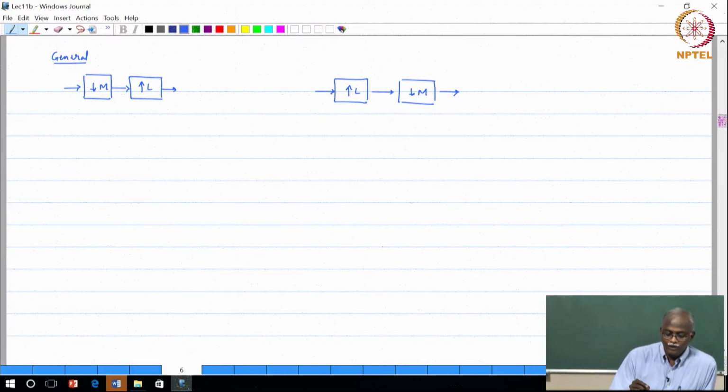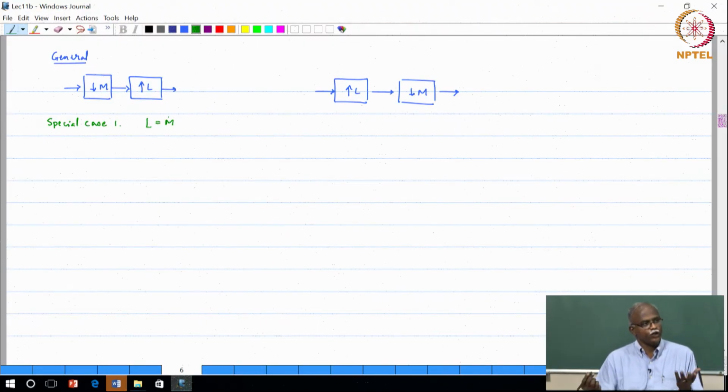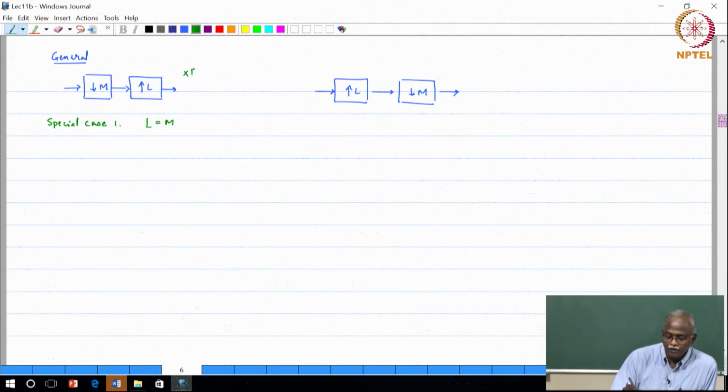Special case number 1 is the case where L is equal to m, and special case number 2 is L not equal to m. Right off the bat, downsampling by a factor of m and upsampling by a factor of m, what is the output? x of n multiplied by a comb sequence.